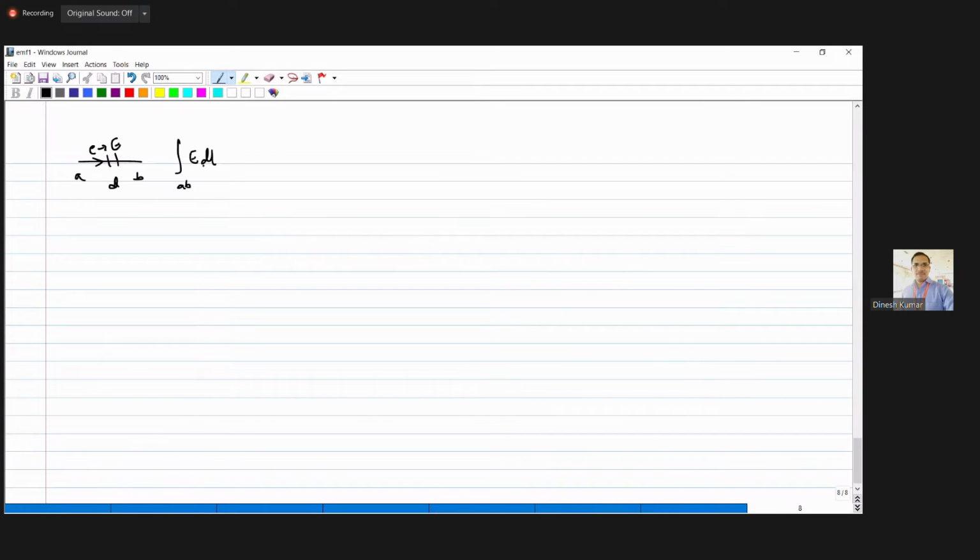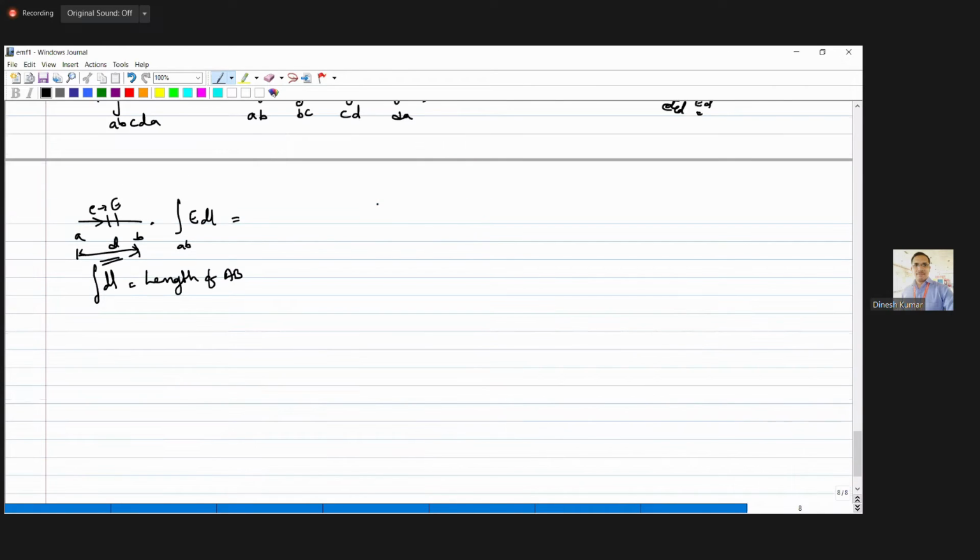So the integral over AB of E·dL for this line is nothing but what? The length from where to where? From A to B. See here, from A to B, what is its length?